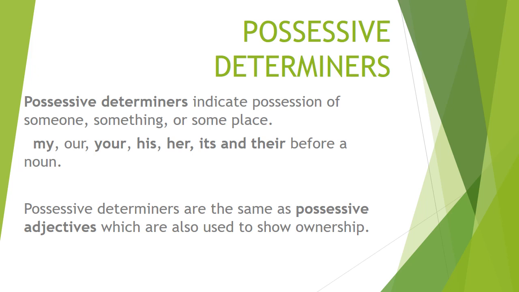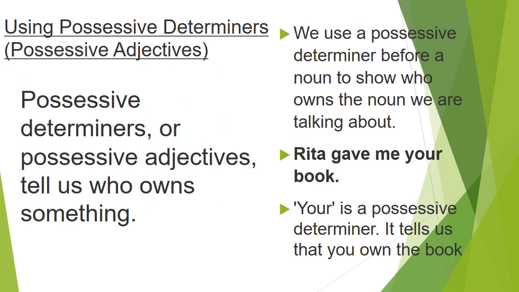Okay, what is an adjective? Any word that describes a noun or tells you more about a noun. And where does an adjective sit? It always sits before a noun, and that's why all possessive adjectives are also called possessive determiners.